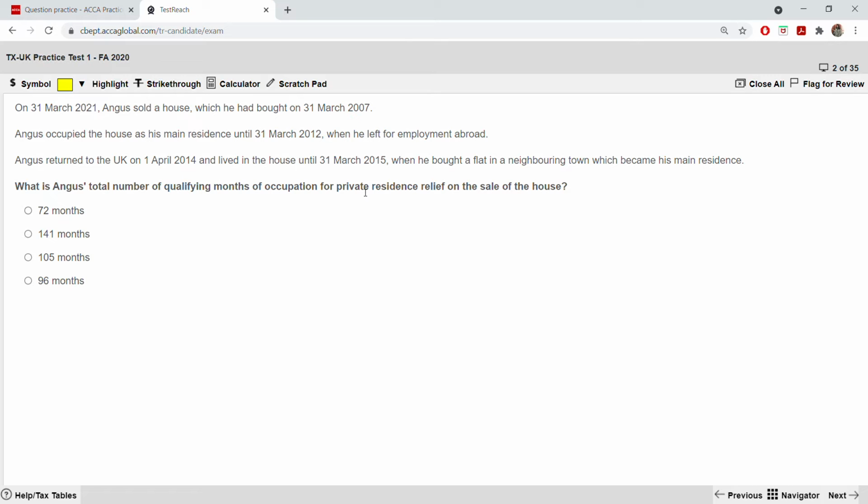So how do you count? First, what is the actual occupation? Start with the actual occupation. He bought the house on 31st March 2007 and he stayed until 31st March 2012. That means exactly 5 years, so 5 into 12, 60 months.